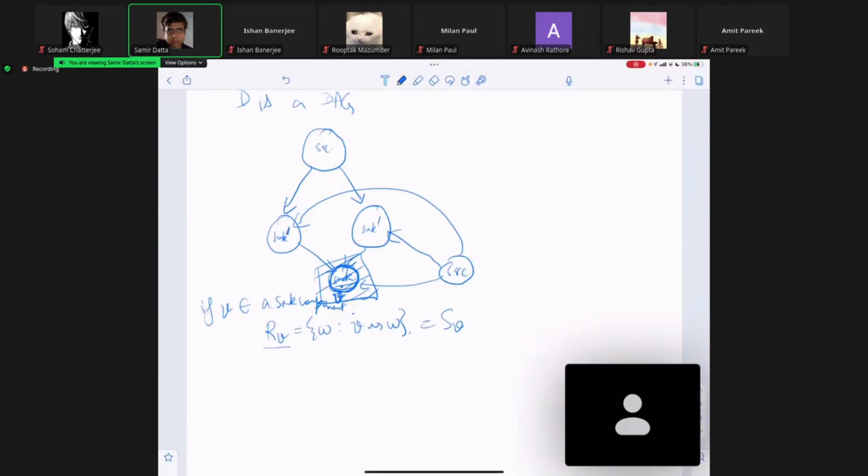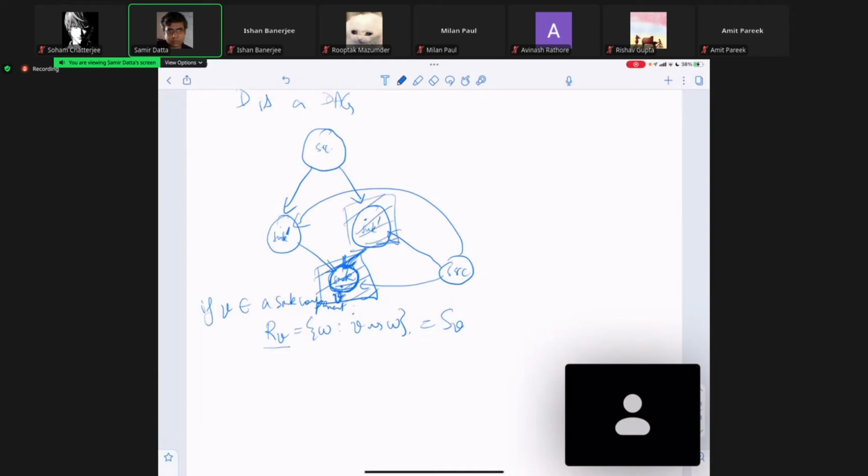The only outgoing neighbors of these were in the original sink components. So now how would you proceed? If somebody magically gave you a vertex here and a vertex here, then you would do the same thing for these, remove this, and so on, correct?